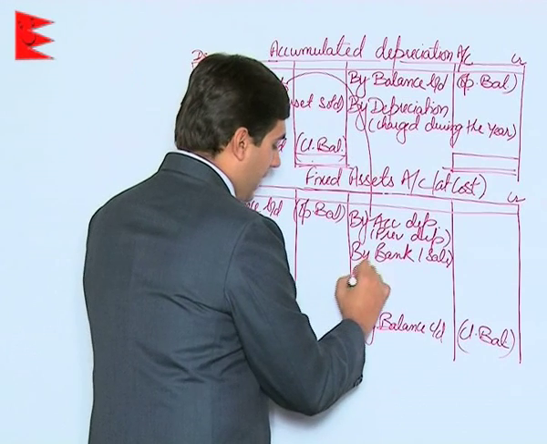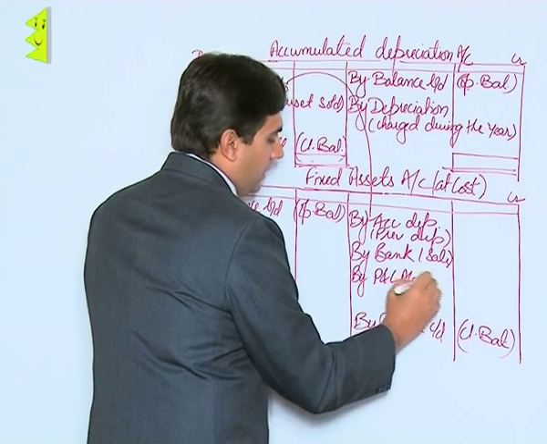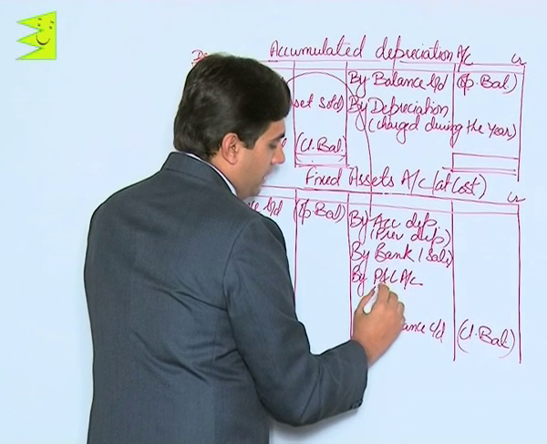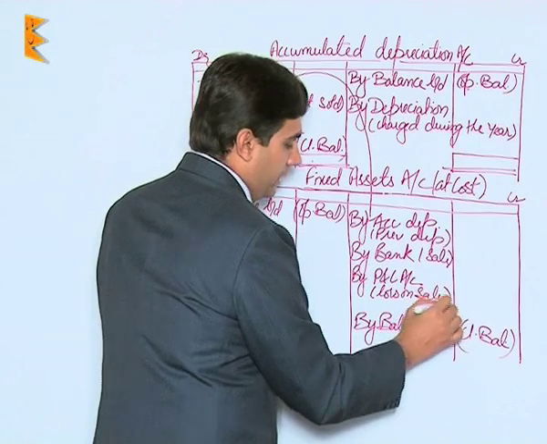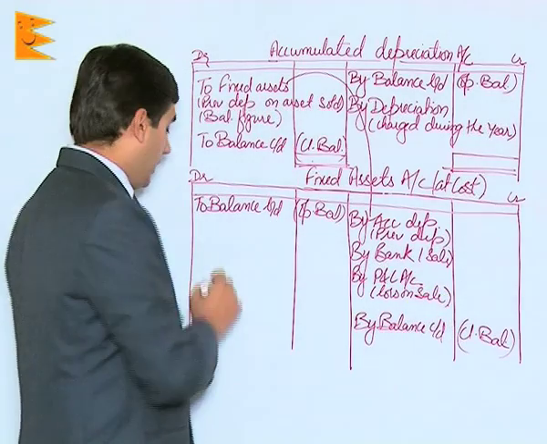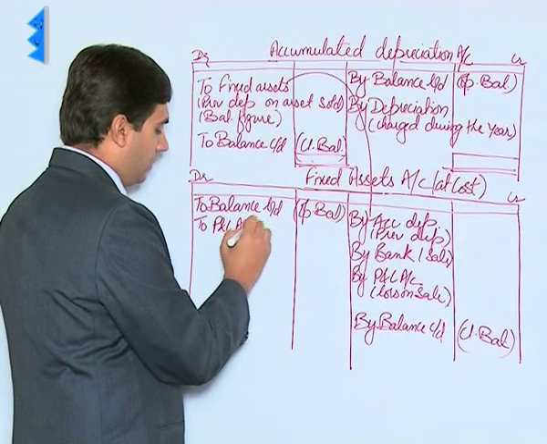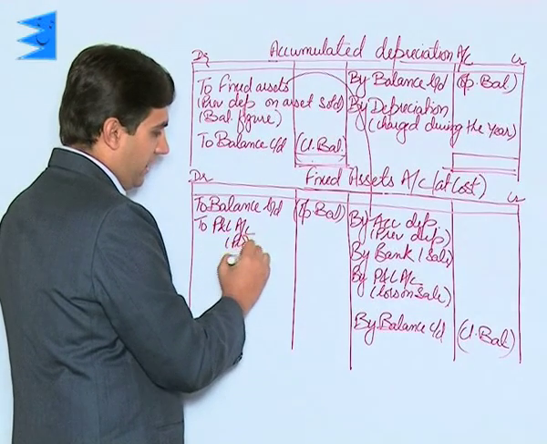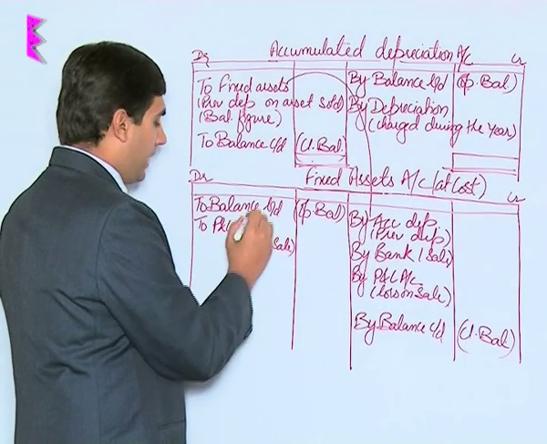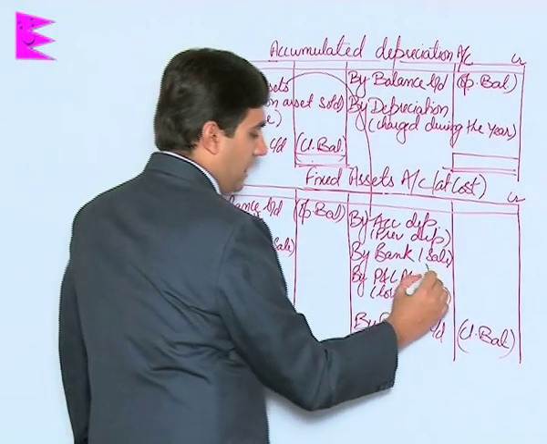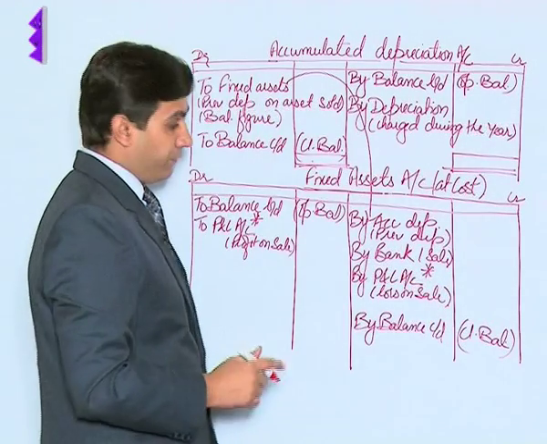Then we'll have by profit and loss account, that is any loss on sale during the year would be recorded here. In case there is profit, it would be to profit and loss account, profit on sale. Again, I am marking this by star as only one of these two items would appear.